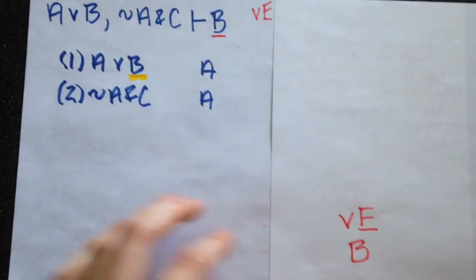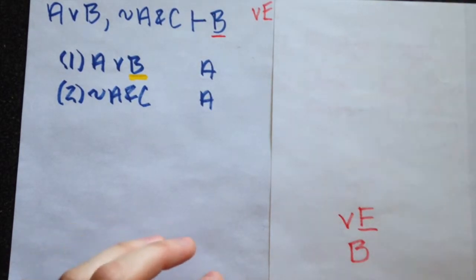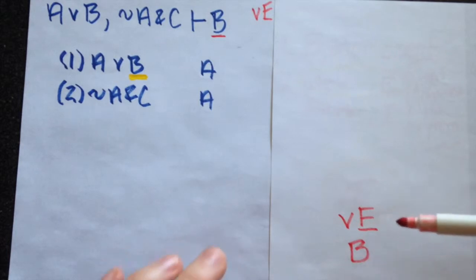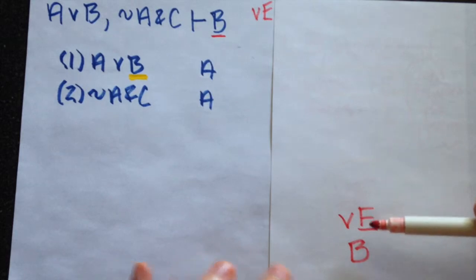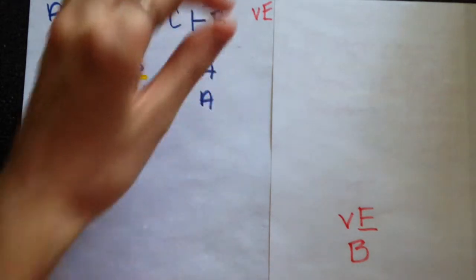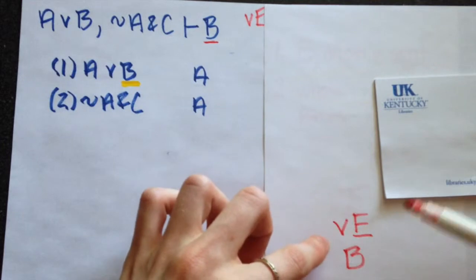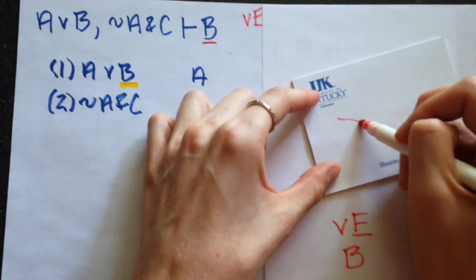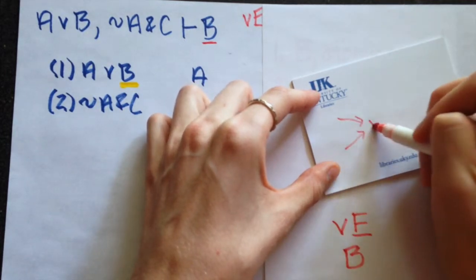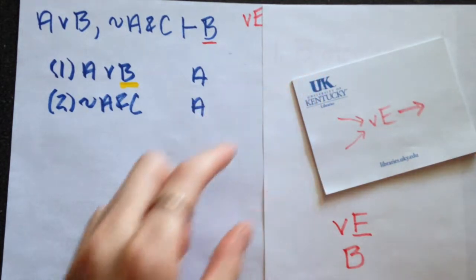Thinking about how the rule of wedge elimination works, we need to figure out what sentences need to be in place in order to carry out this operation, using wedge elimination to get B on a line by itself. If you refer to your handout or recall the lecture videos, you'll remember that wedge elimination requires two sentences as input, and then it gives you a single sentence as an output.